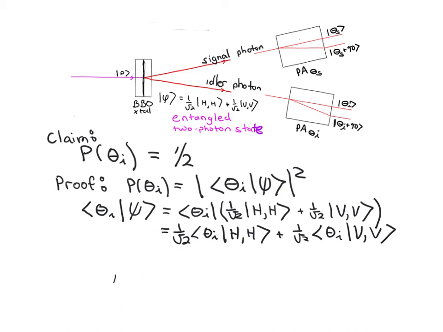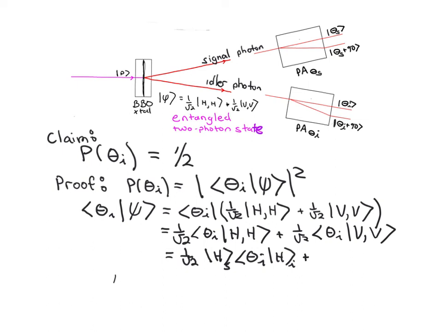It can just pass right by, and the appropriate thing to do at this point is to write this down as 1 over the square root of 2, like so. And so Beck actually explicitly puts in these subscripts to remind us that the first ket has to do with the signal photon, and the second ket has to do with the idler photon.